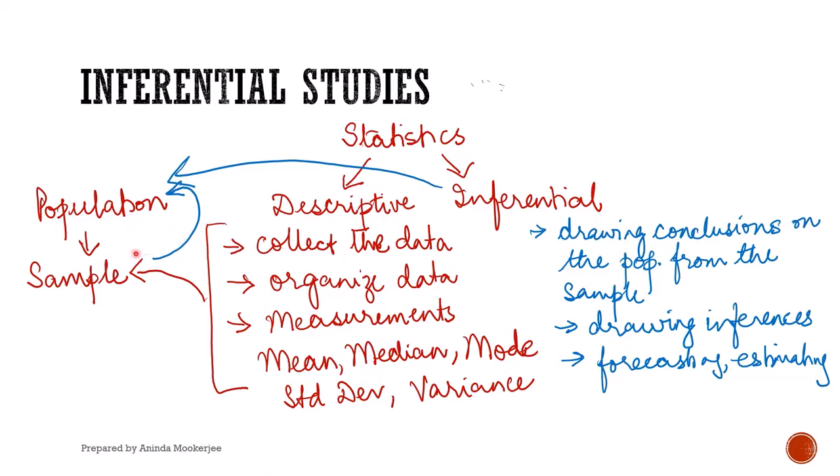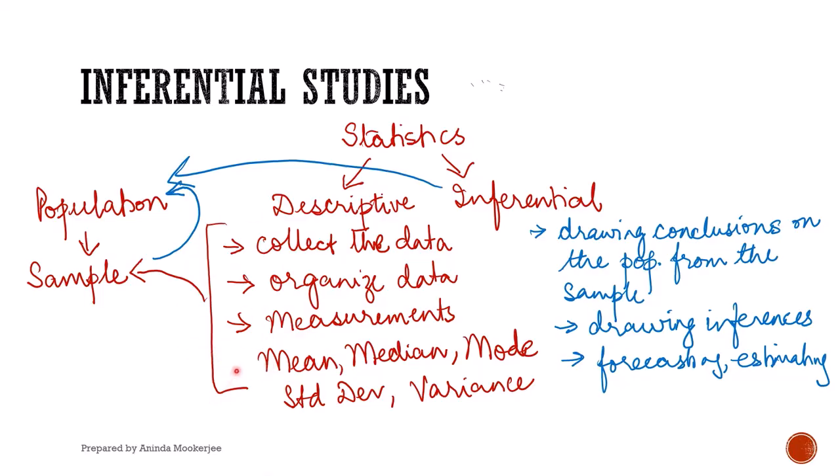Why? Because the sample was worked from a small subset of the population. The majority of the population was not included in our sampling study. Therefore, there's bound to be sampling error. That means differences in measurements because we are working with a small subset of the population instead of the entire population. So sampling error is going to come into play.